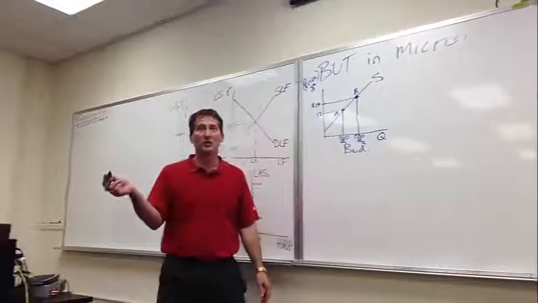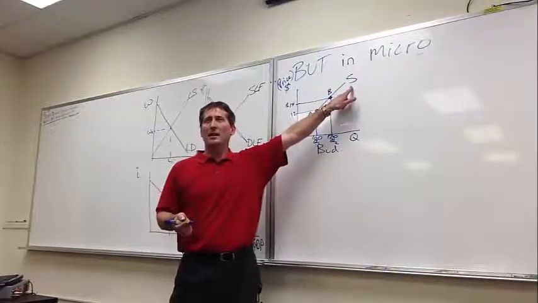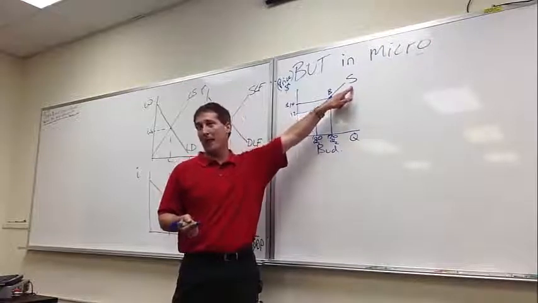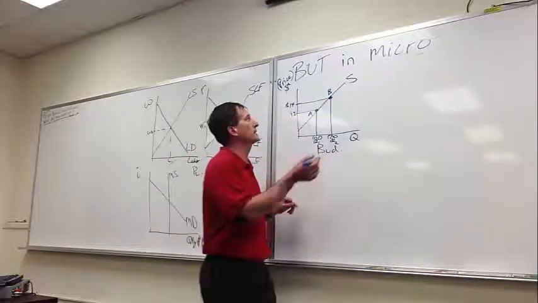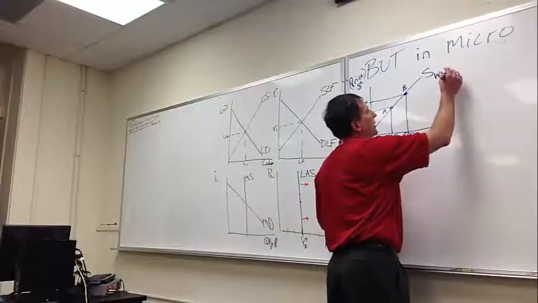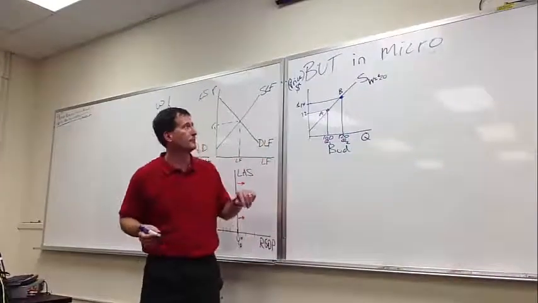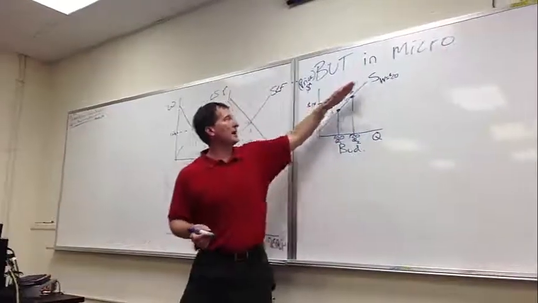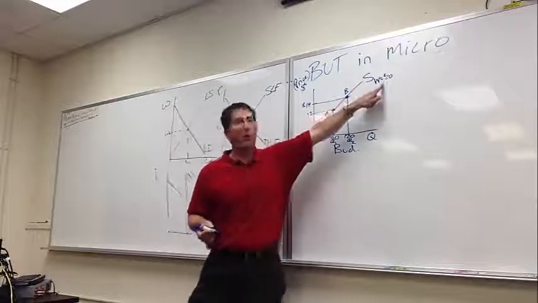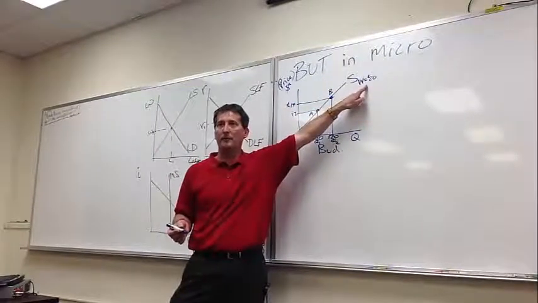Price of resources. So we didn't allow the employees to get a bump in pay at the same time. So for instance, let's say Budweiser's a pretty good employer and they're paying $20 an hour on average. Along this supply curve, we're going to hold the $20 per hour price constant.